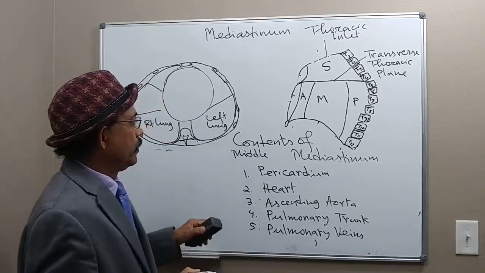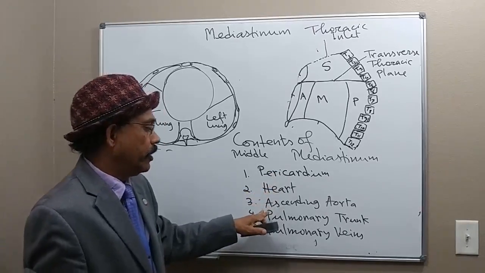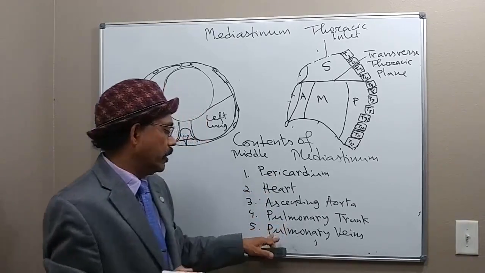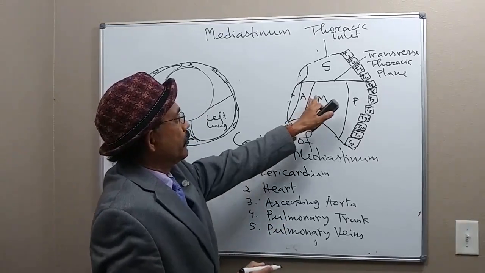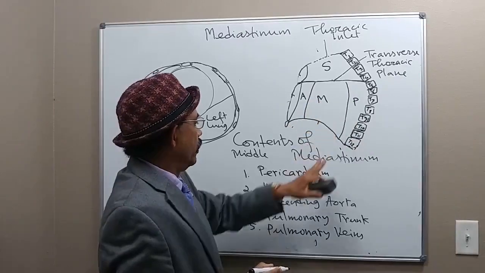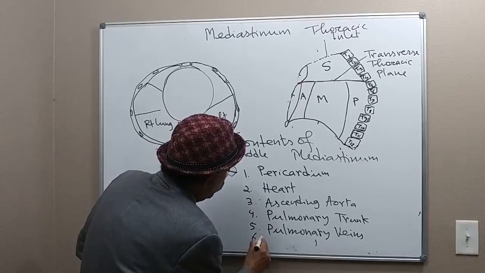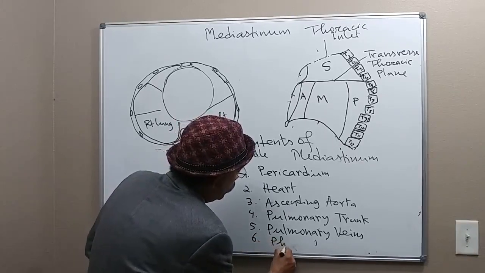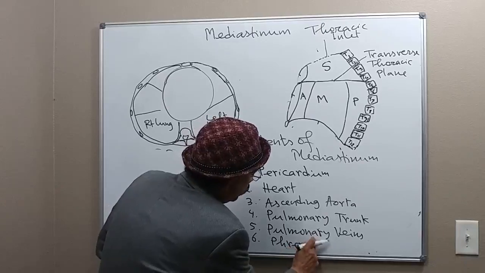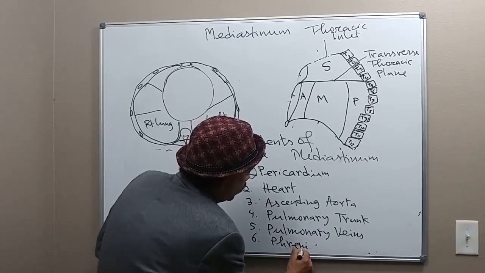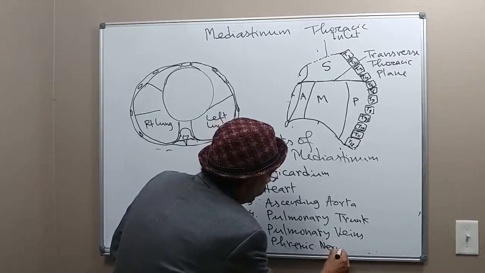So we have the pericardium, heart, ascending aorta, pulmonary trunk, pulmonary veins. Plus we'll add the phrenic nerve as a content of the middle mediastinum.